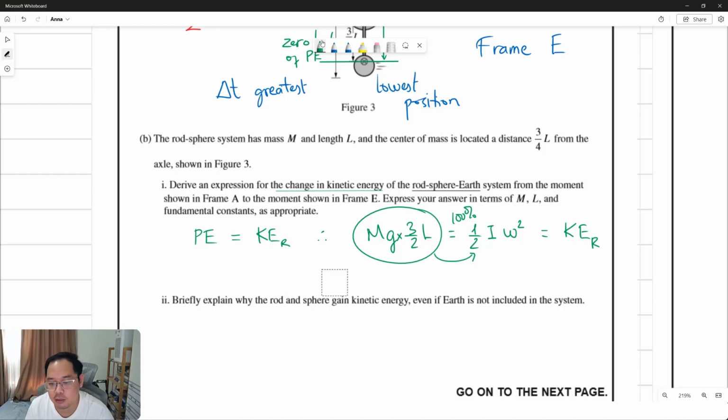So I'm going to replace the letters KE here by delta, indicating the change of kinetic energy. This is our answer, Mg times 3/2 L, or we can simplify that by bringing the 3/2 to the front, meaning the change in kinetic energy is equal to 3/2 MgL.